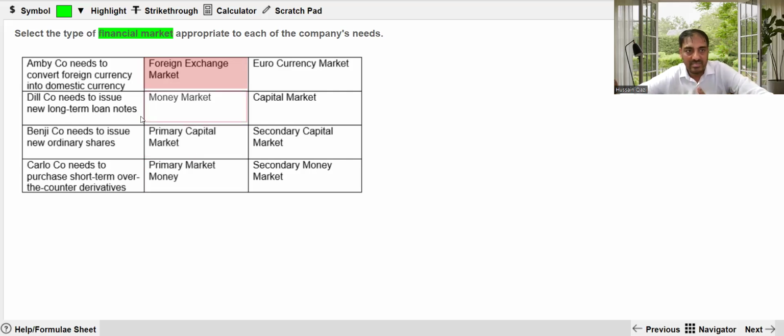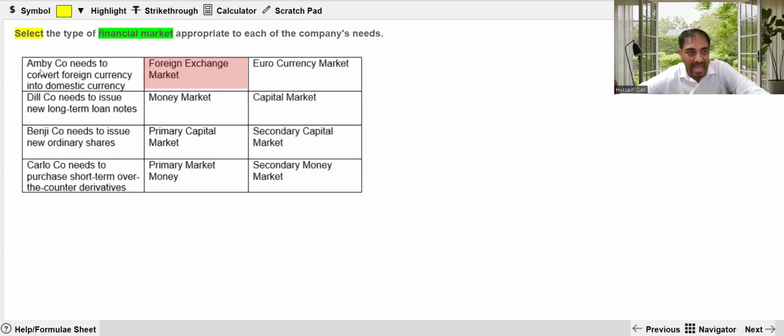So you need to select the type of financial markets appropriate to each of the company's needs. That is something about foreign exchange markets, euro market, money market, capital market, primary markets, secondary markets, all these points.